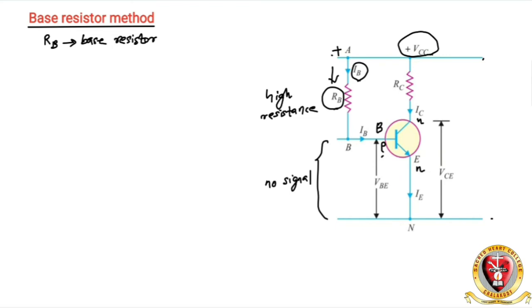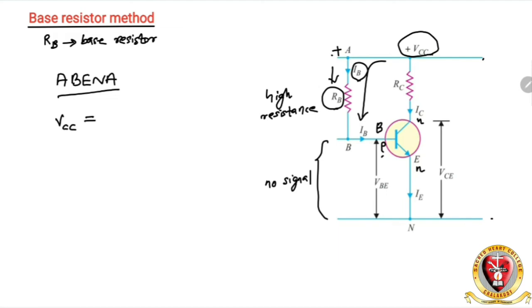Applying Kirchhoff's voltage law in the loop ABENA, what is the equation? Here the voltage source is VCC. So the voltage source VCC is equal to, we are using this loop.